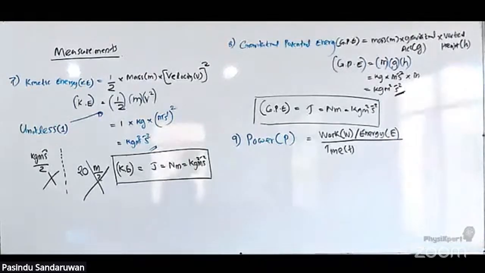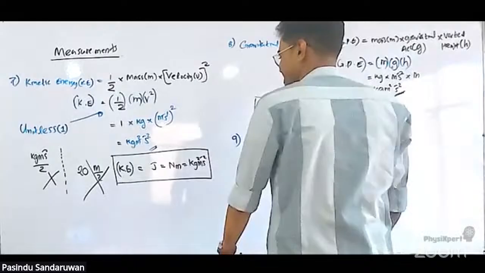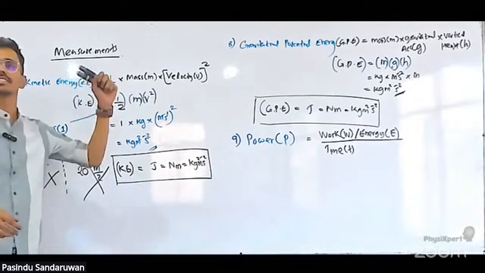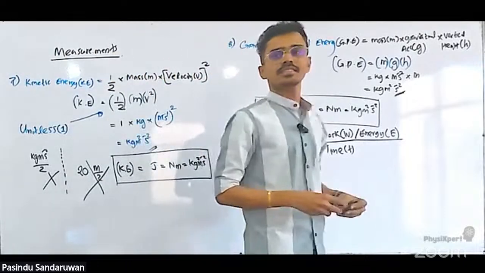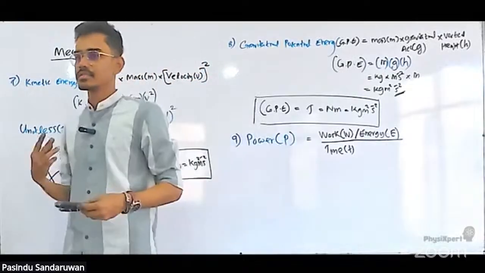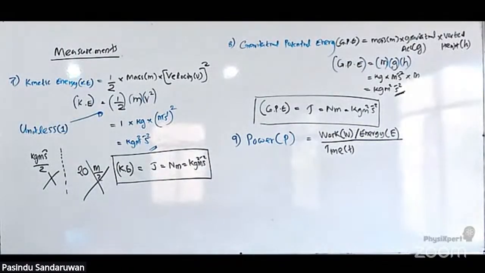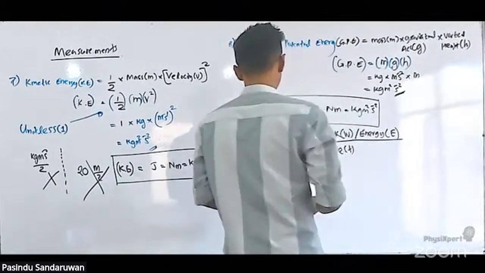Bring a red pen next day. Finished. Then 3. Right. Same, no? Same. Yeah, there are 3 derived units.